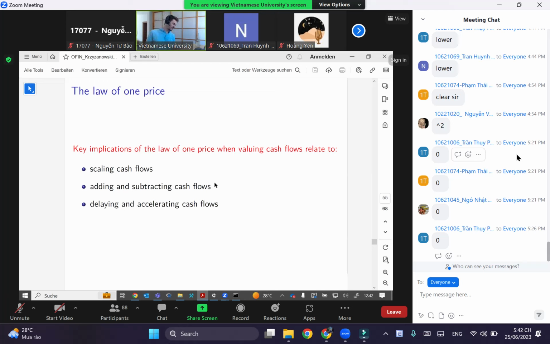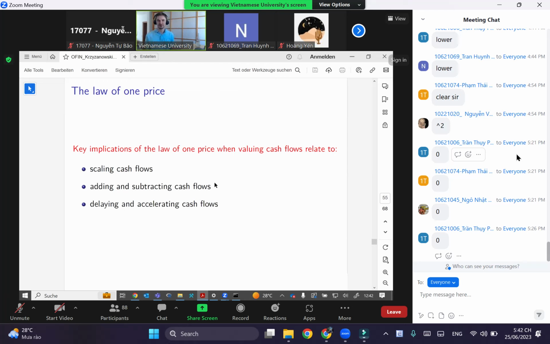In a very stylized way, if you have one investment project which has a particular size and it's priced at price X, and you have another identical investment project, apart from the fact that it's twice as big as the first, then you could say, well, it looks as if it's related to the same underlying idea.